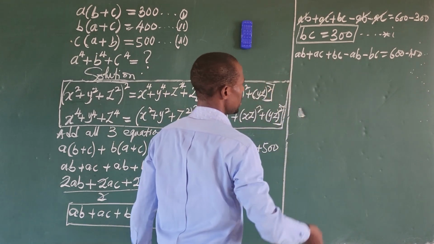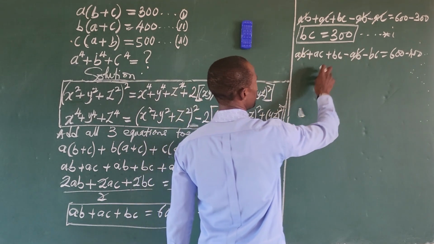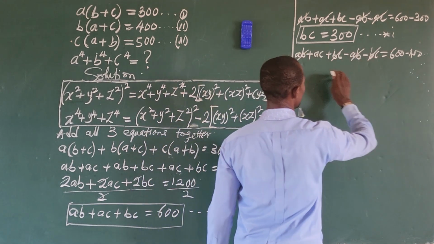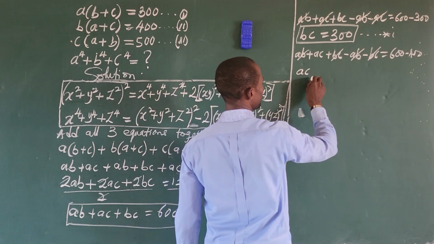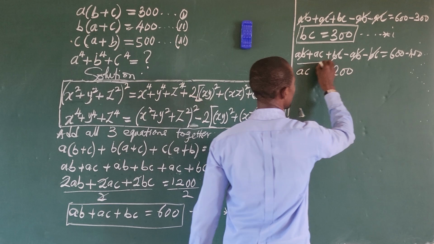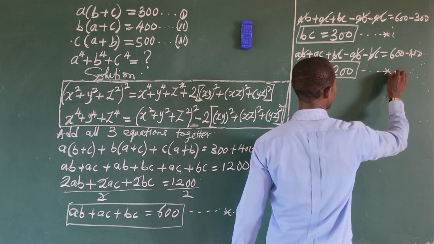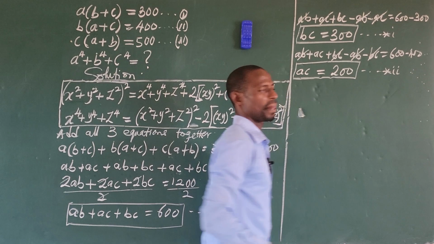Easy. Again, terms that we leave: we have AB, we have AB, then we have BC, we have BC. We are left with AC. So we have AC is equal to 200. So this is our equation star II.